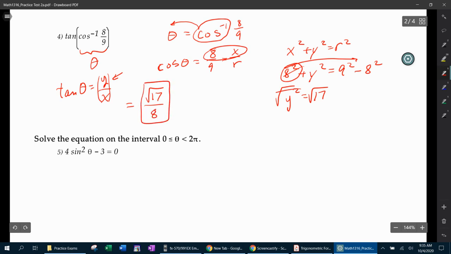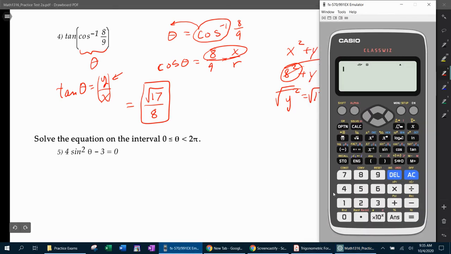And we're done. And I'm going to check and see if my calculator will do that. Just for fun, we're going to give it a shot, okay? Let's do the tangent of the inverse cosine of 8 over 9. Oh, and it gives me a decimal.